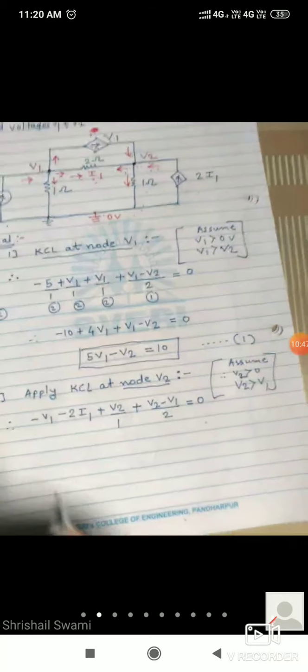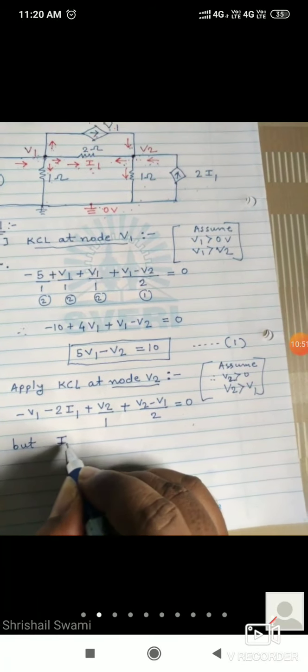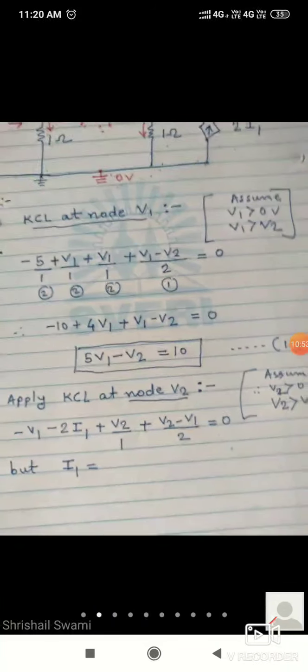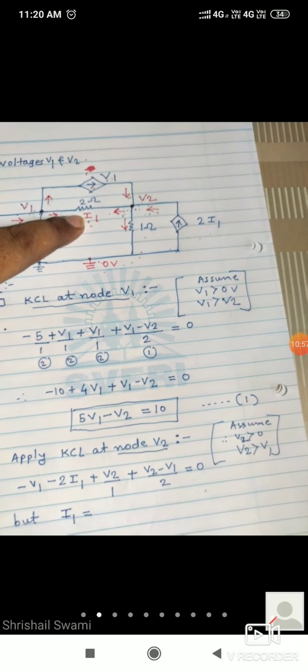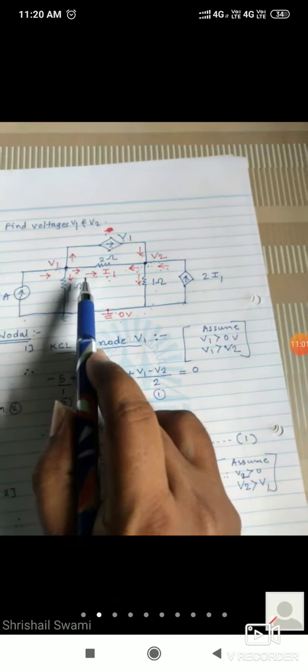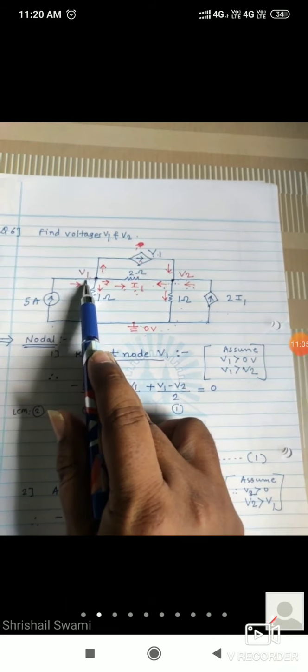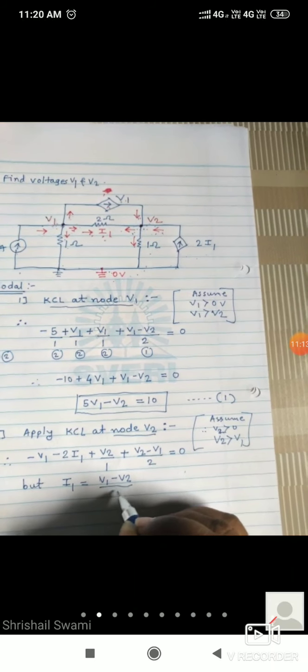So I will write here, I1 is equal to, if you are carefully observing how the direction of I1 is given, like this. Okay, so direction of I1 is like this. So how to find out current using Ohm's law? I1 is equal to V1 minus V2 divided by 2, according to direction.